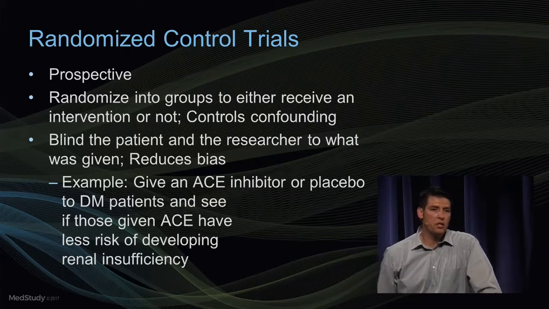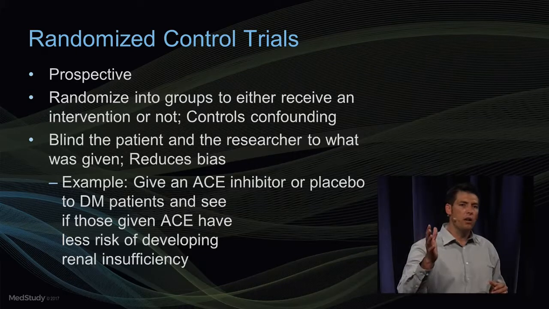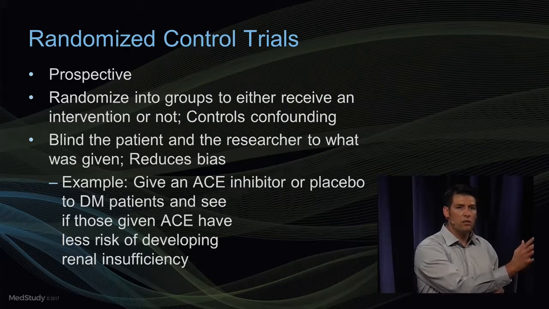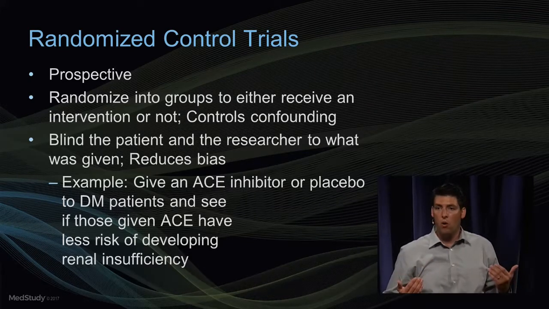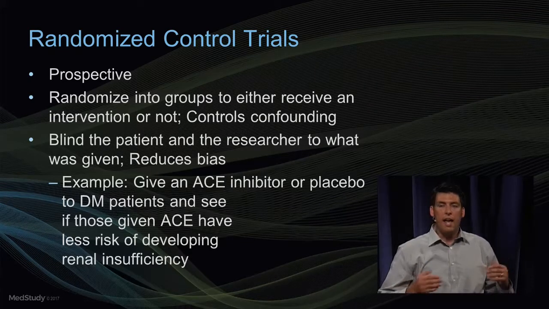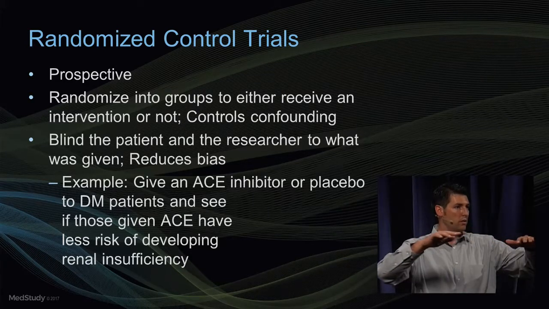And that randomization process takes all of these other lifestyle and environmental variables that these people may have encountered that we don't even know about, and it sort of averages those effects out.